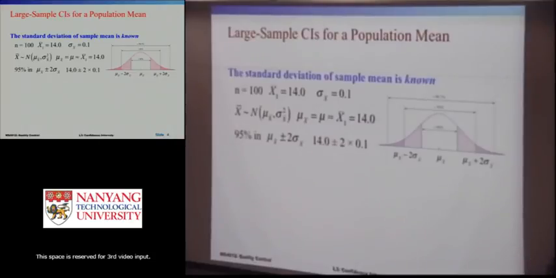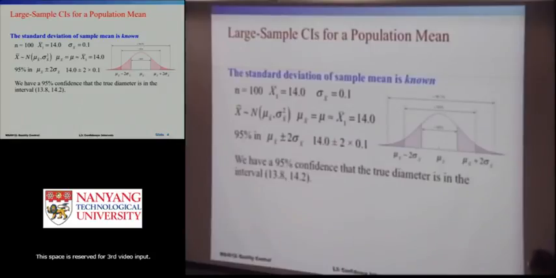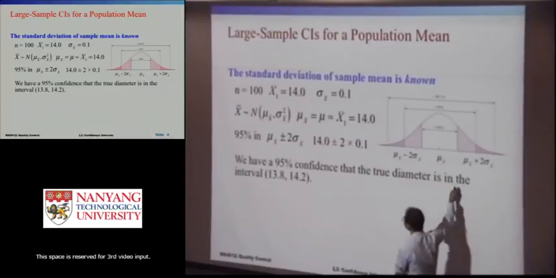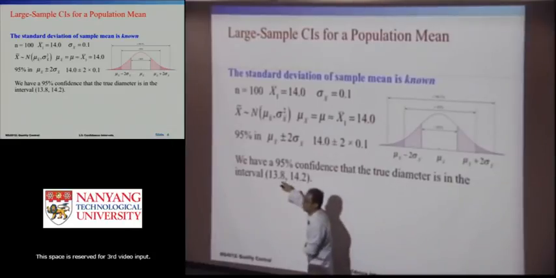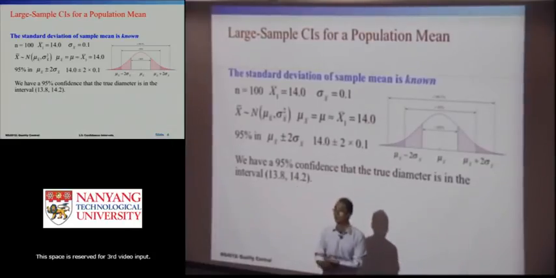Then from the previous slide and also from the normal distribution that we learned last week, we know 95% is within mu x bar plus minus 2 sigma x bar. So the range is here. We have 95% confidence that the true diameter is in the interval 13.8 to 14.2.